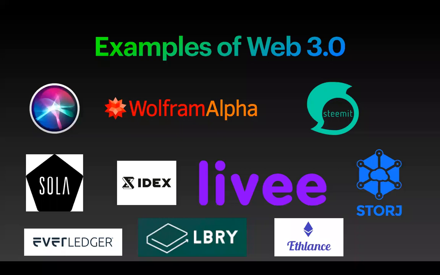It is a decentralized cloud storage system. So many things, not only restricted to this. LBRY is there. It is a blockchain-based file sharing and payment network system. So these are all examples which are already using Web 3.0 as their technology.